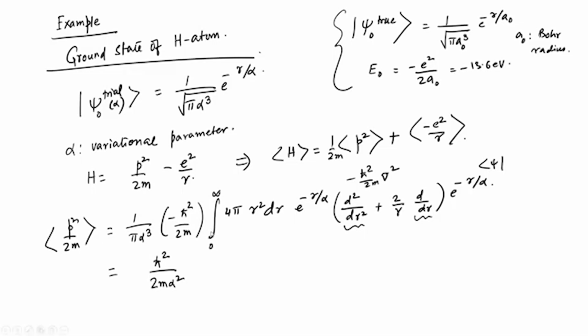Now, we will see the potential energy. So, now you have minus e square over r, and this is equal to again 1 over pi alpha cube and a minus e square, and once again a 4 pi r dr. There is no r square because there was a 1 over r that cancels with r.